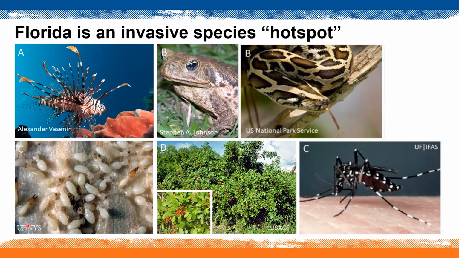We have multiple species of invasive termites that are causing economic harm and harm to our infrastructure. And as an example of a group of species that causes direct harm to humans, mosquitoes. We have introduced, established non-native mosquitoes that act as disease vectors, so they're causing direct harm to humans.